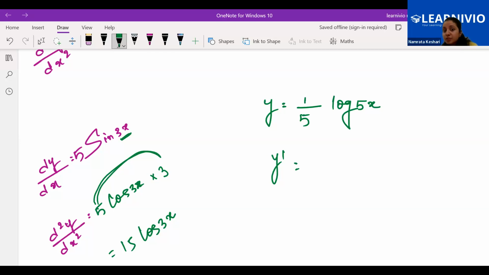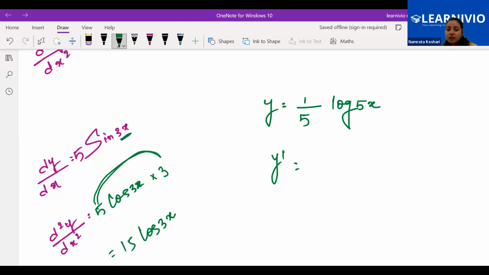Now I am not going to say what will be the answer. You are going to tell me what will be the answer. Tell me. Can we use the formula of log x over here? Yes, ma'am, we can.